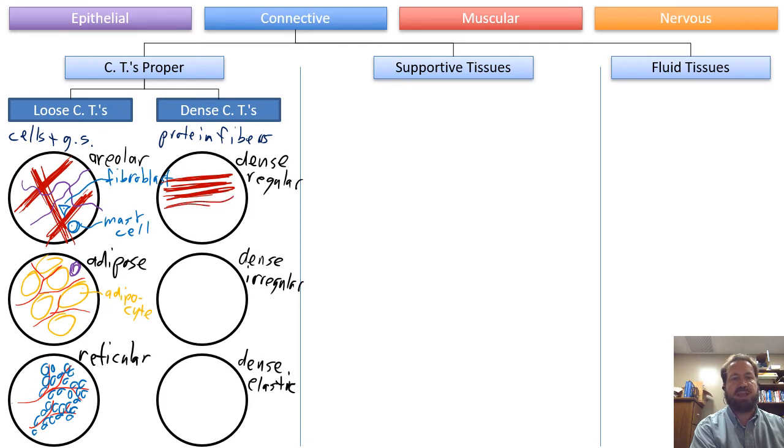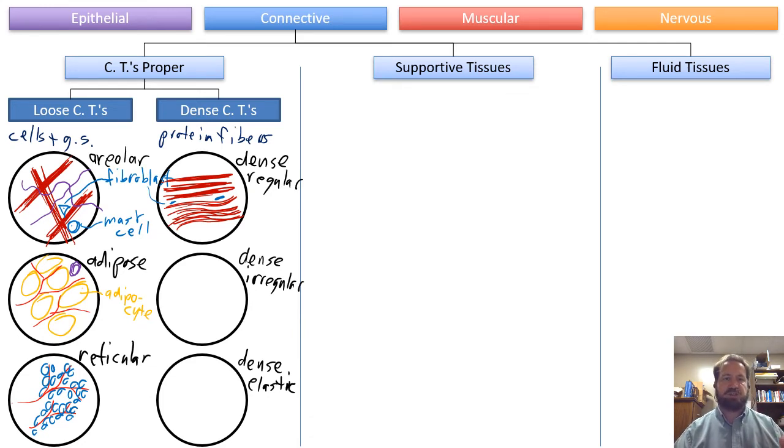Often there's a little wave to them as they go, but dense collections of these fibers fill up those tissues, and they're arranged in a sort of regular pattern. Every now and then you'll see a nucleus of a fibroblast stuck in there.